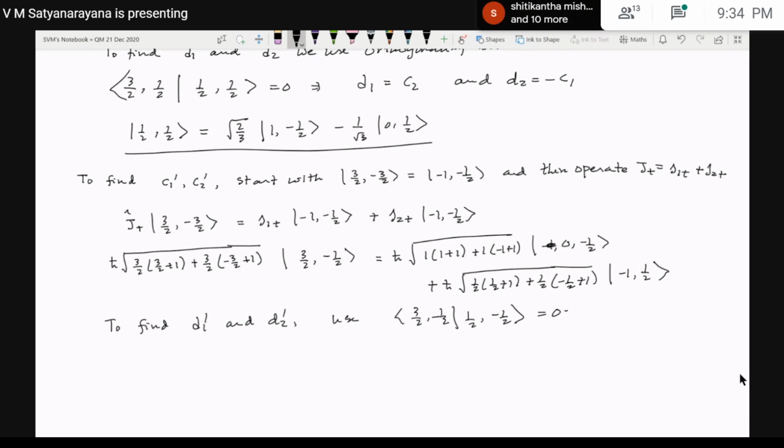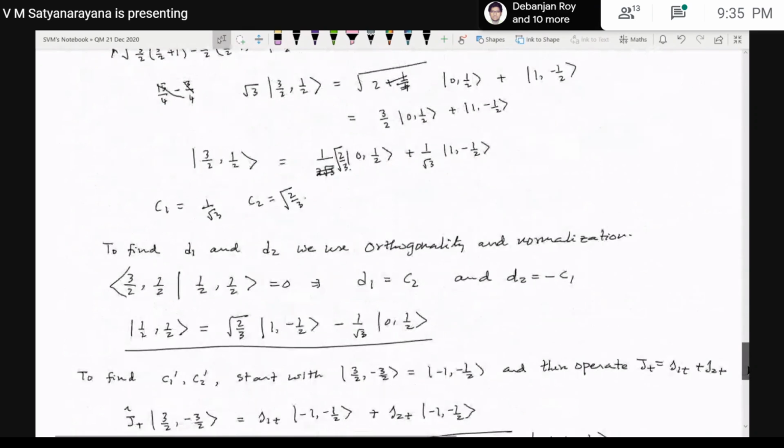That means you once again swap and then put a minus sign. Then you will have these coefficients. Okay, so this is how you have to evaluate these coefficients.